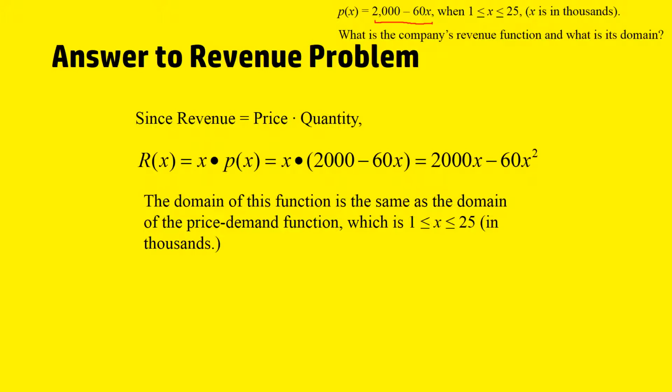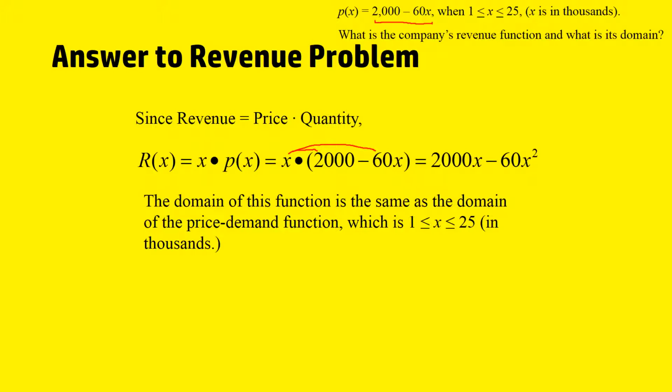And we can distribute the X if we want to. We don't have to. Last time we didn't do that. Usually we do it though. 2000x minus 60x squared.